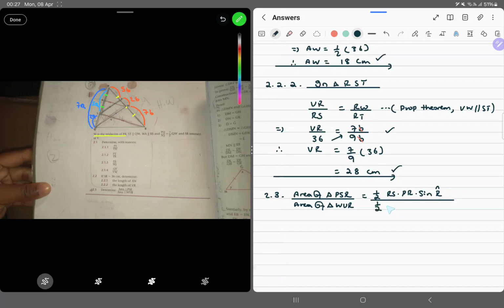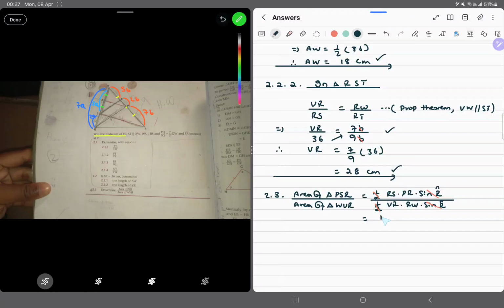So this is going to be half, here the sides are VR times RW, times the sine of angle R, which is the common angle. So now we wanted to do this. It is done.